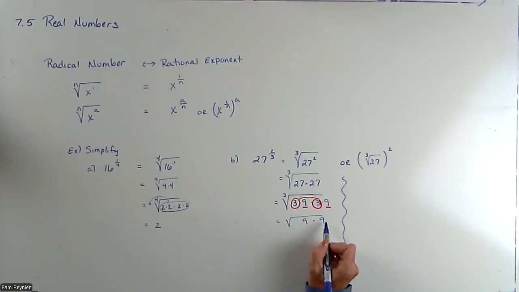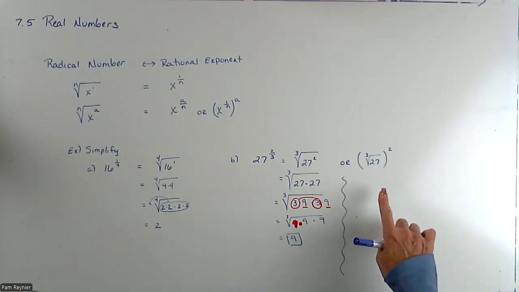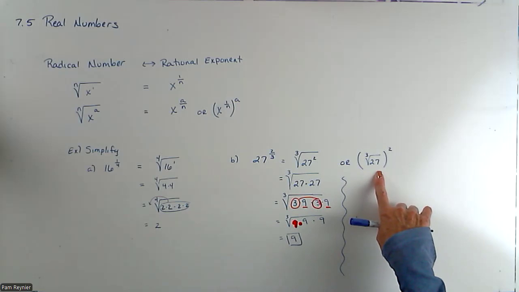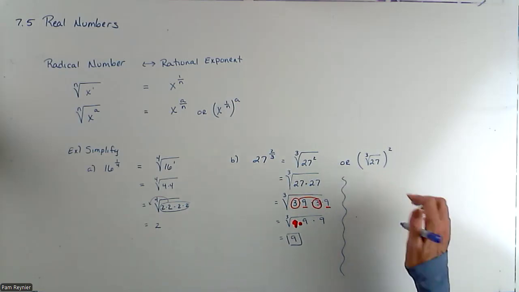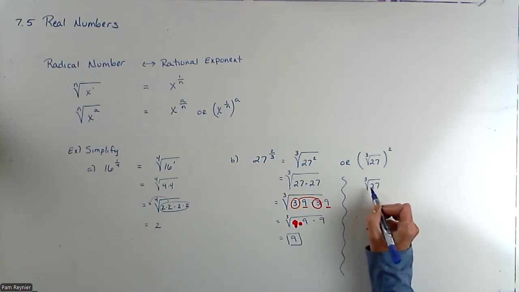I could rewrite it just to show you that this is the same as 9 times 9. And we know that 3 times 3 made a 9. Sorry, my pen's bleeding a bit. And so now the cubed root of 9 times 9 times 9 is simply 9. So 27 to the 2/3 power is 9. The other way we could look at it is we could say, well, this is the cubed root of 27, squared.